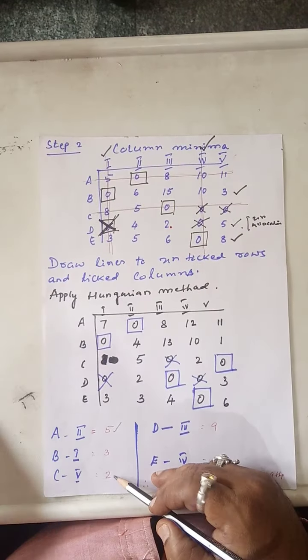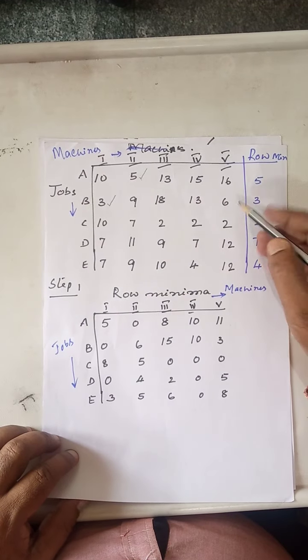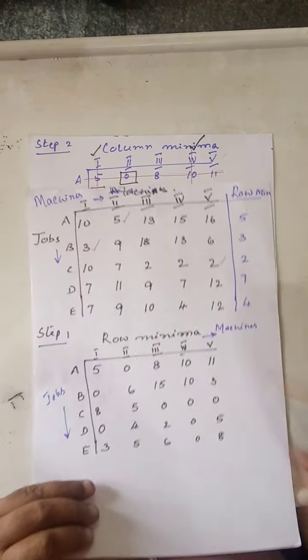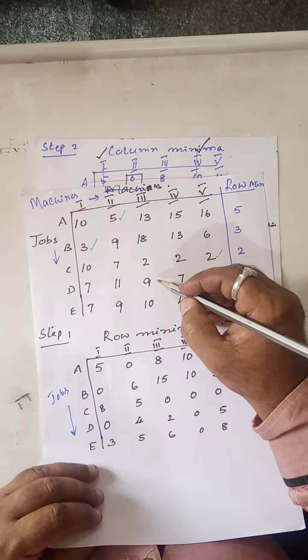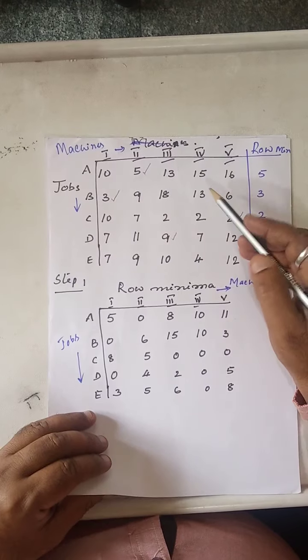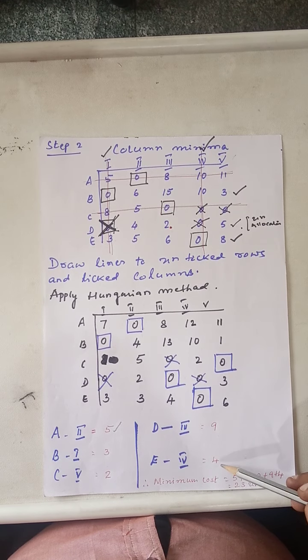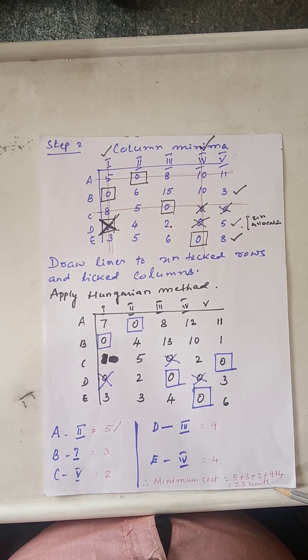Again C with 5 is 2, it is marked here. Again D with 3 is 9. And E with 4 is 4. And adding 5 plus 3 plus 2 plus 9 plus 4, the minimum cost is 23 units.